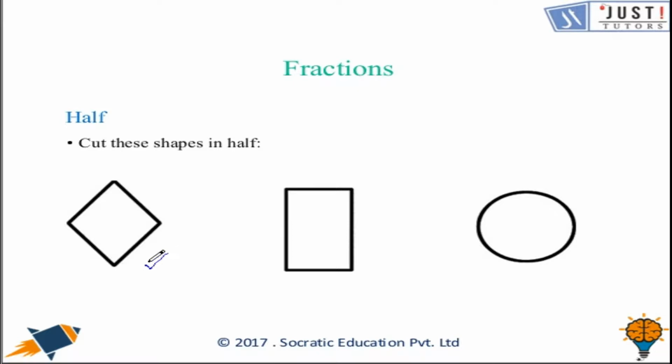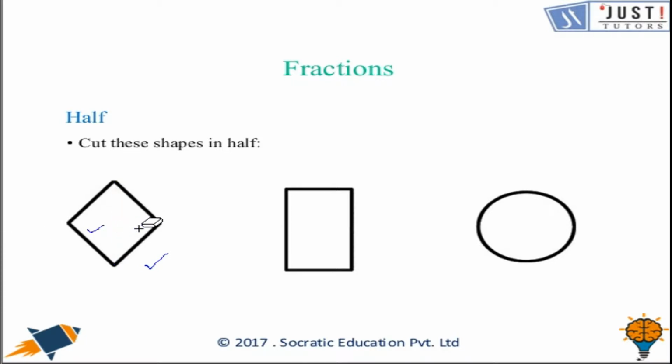Look at this one, this looks like a diamond. Now when you have to cut it into half, you can do one of these 2 things. Let me show you. You can either join the top and the bottom points here together, and this is how you'll have this diamond cut into 2 equal parts.